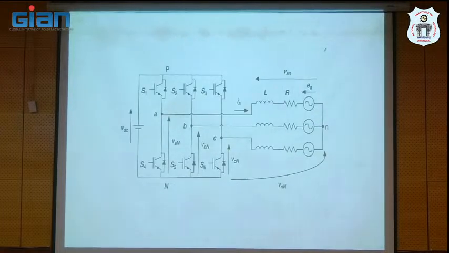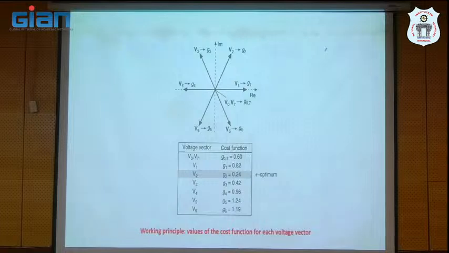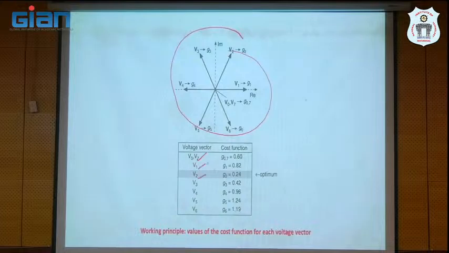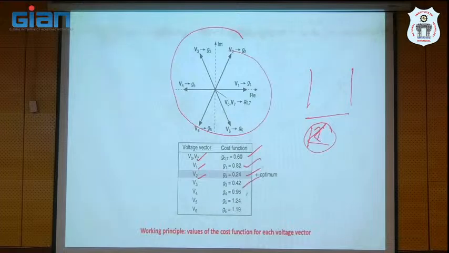Next, this is about the inverter switching states. There are 8 switching states. Your job is, for each switching state in a particular sample period, at the particular sample kth instant, to calculate the cost function value for V0, V7, V1, V2, V3 and the other available voltage vectors.